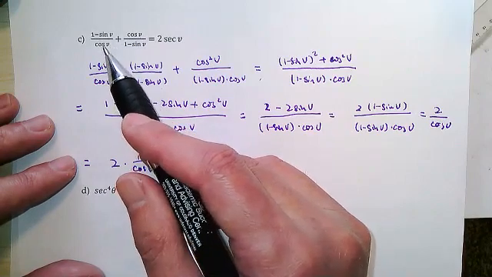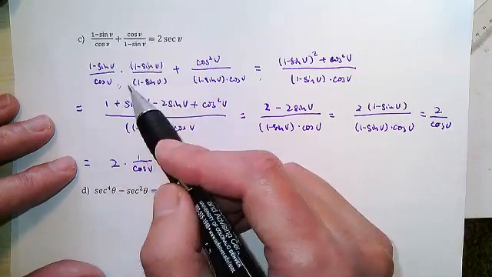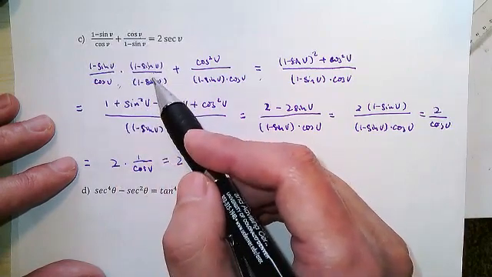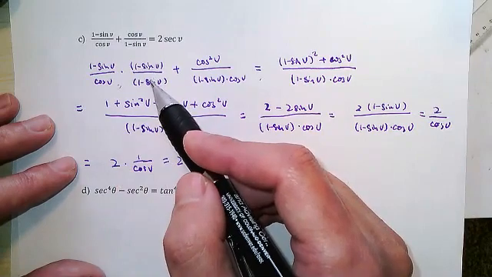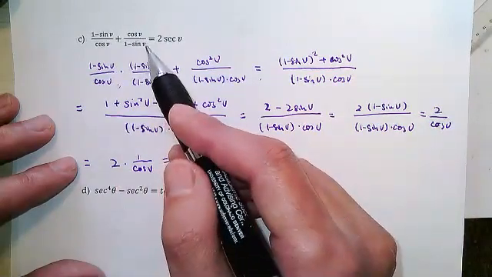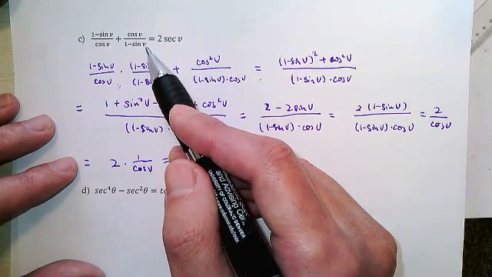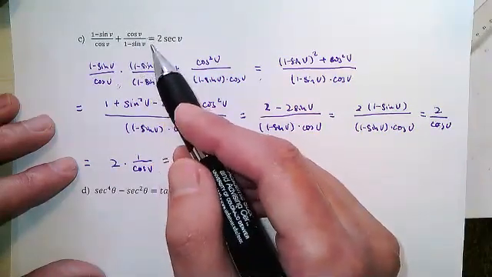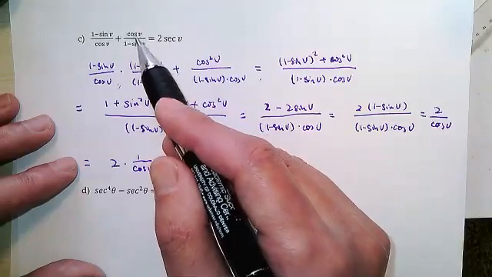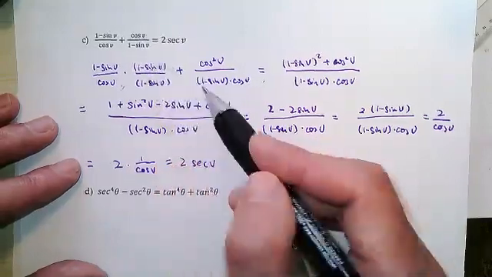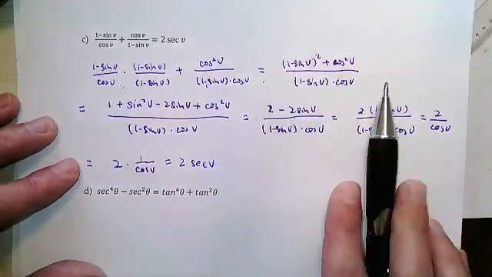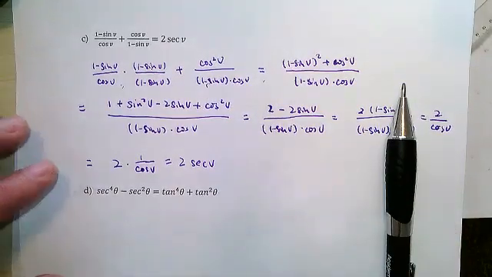This guy does not have 1 minus sine v. So that's why we multiply by 1 minus sine v over 1 minus sine v, right? This guy does not have cosine. So we multiply cosine over cosine. So now cosine squared over this bottom is 1 minus sine v times cosine. Okay, I see it now. Thank you. Thank you for asking.